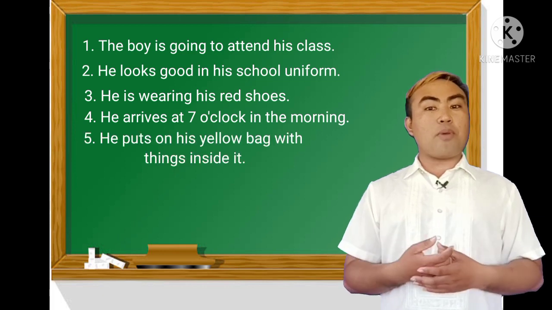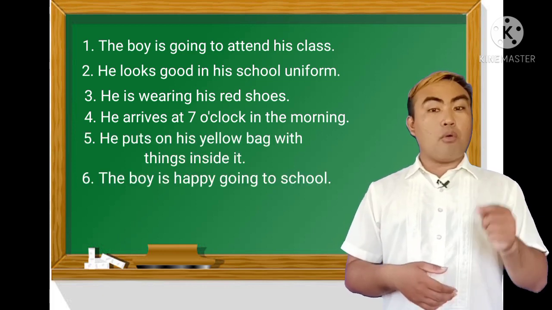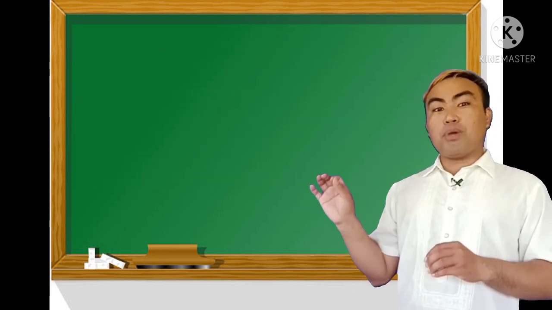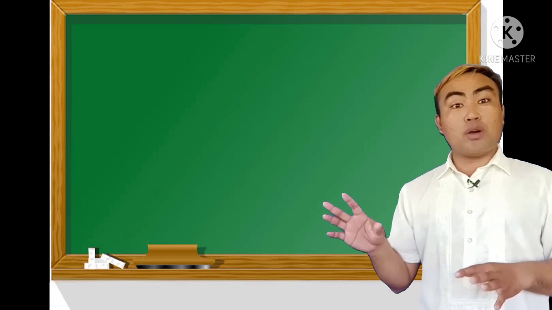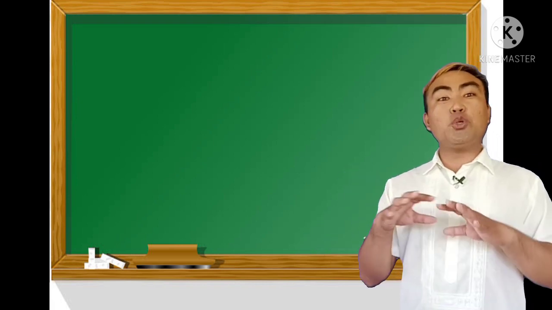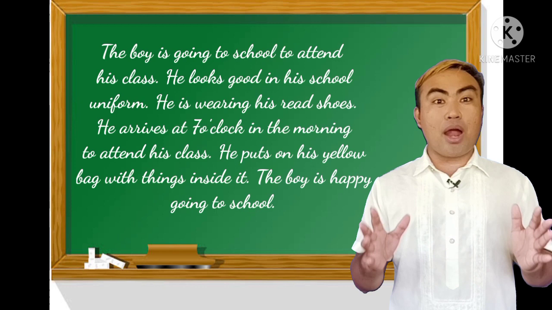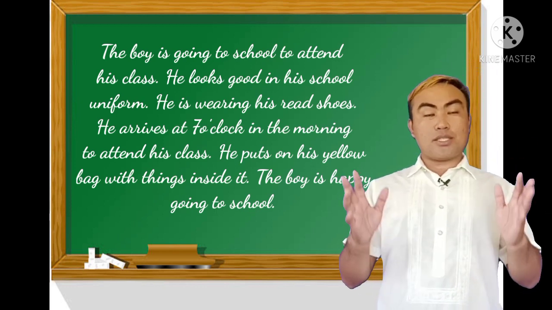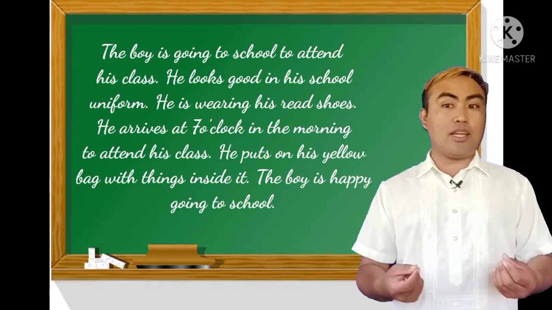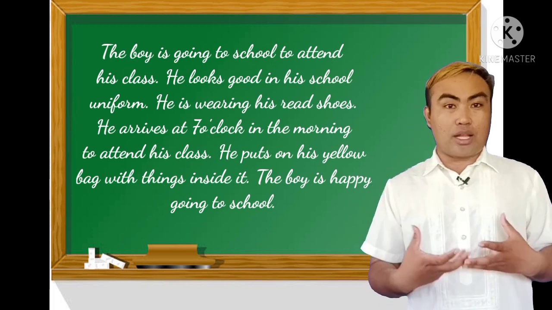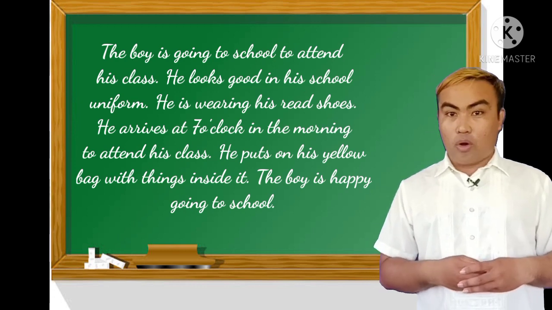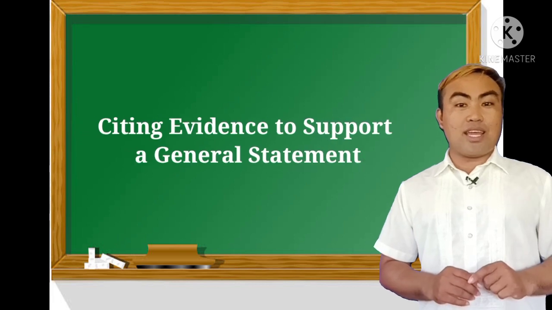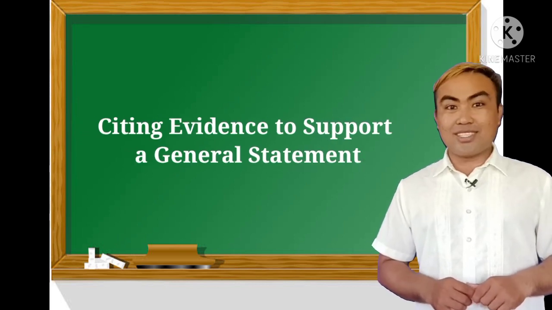He puts on his yellow bag with things inside it. The boy is happy going to school. Out from those pieces of evidence that you have cited from the picture, you have composed a paragraph to support your inference about the boy. That process is called citing evidence to support a general statement.